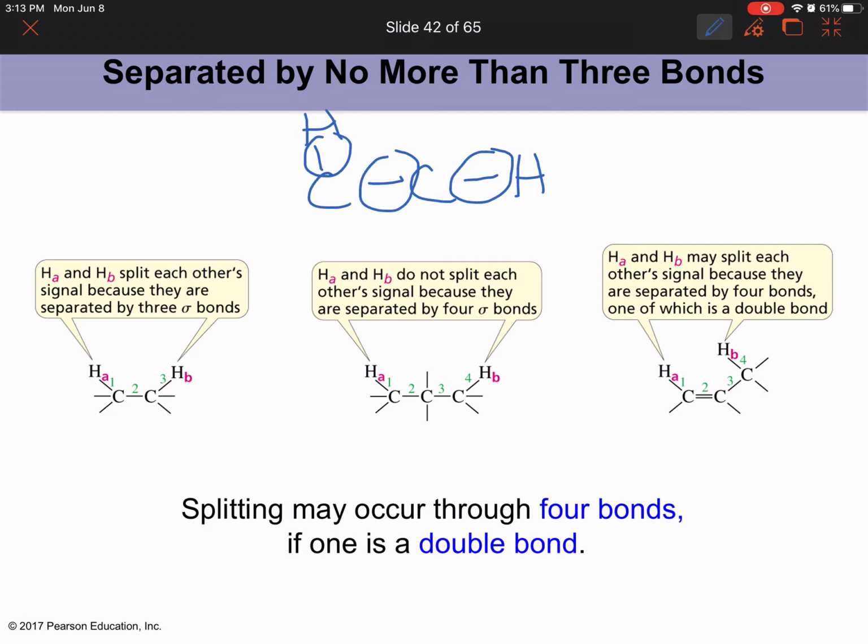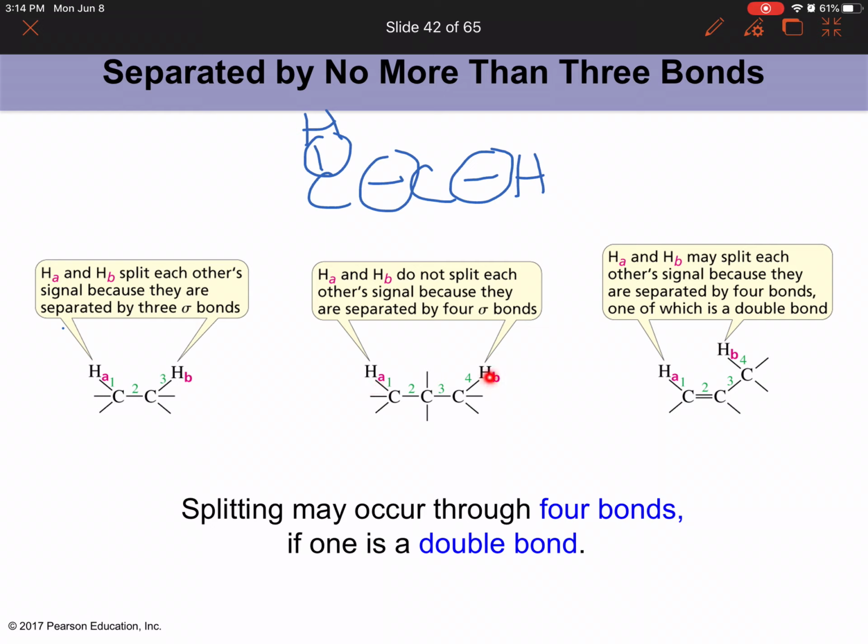So normally we will see 3-bond coupling, separated by no more than 3 bonds. Over here HA and HB split each other's signal because they are separated by 3 sigma bonds, 1, 2, 3.